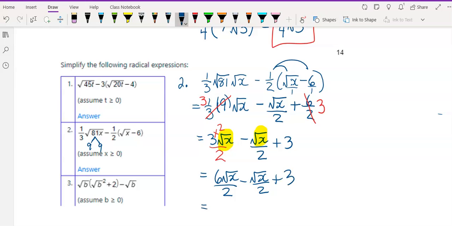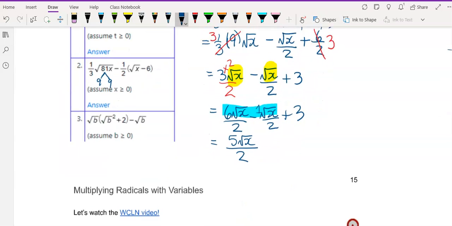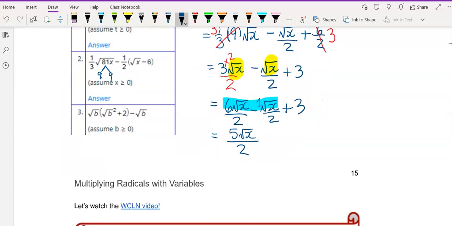Almost done. Put it over one denominator. There's an invisible 1 here, so let's put it in there. 6 minus 1 is 5 root x. Again, what's going on in the numerators, like just this blue zone? In this blue zone, if I did, what's 6x minus x?